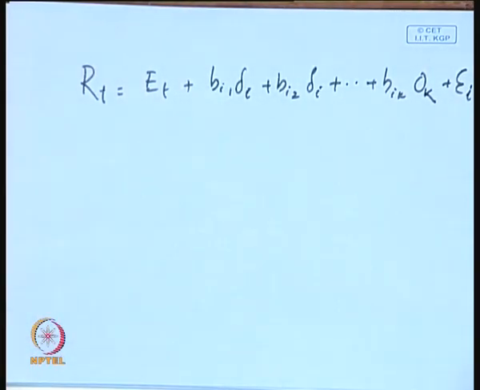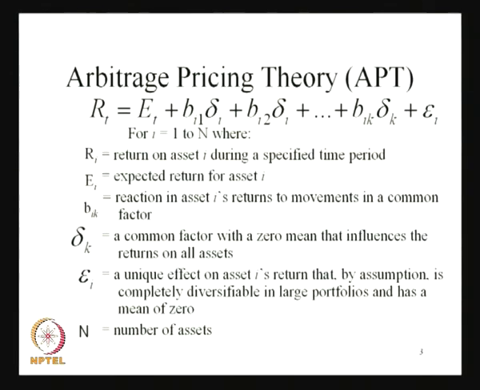Here R_i, for i from 1 to n, represents the return on asset i during a specified time period. E represents the expected return for asset i. Beta is the reaction of asset i's return to movements in a common factor. Delta is a common factor with a zero mean that influences the return on an asset.